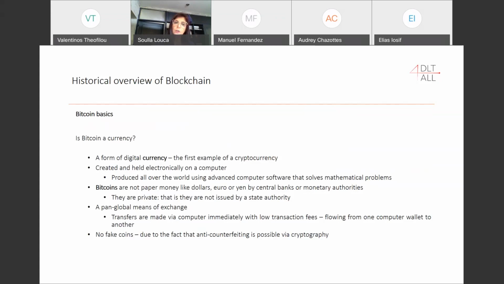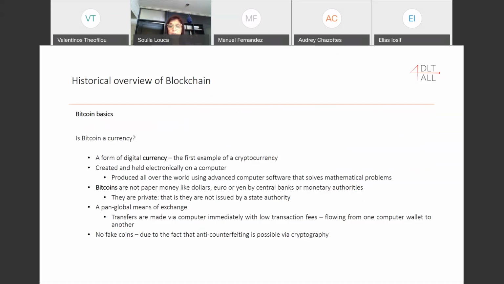They are not paper money like dollars, euro, yens, whatever, that are issued by central banks or other monetary authorities. They're private in that they are not issued, as we said, by a state authority. And it is also a pan-global means of exchange. It's a global currency, in other words.